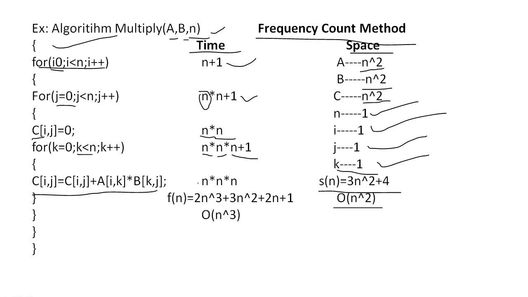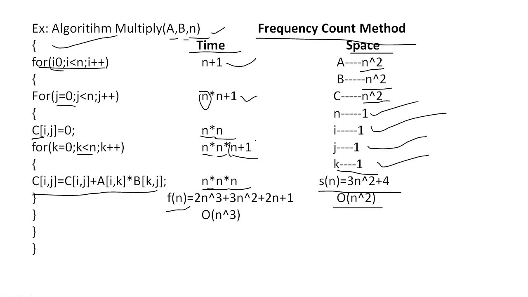So for 3 loops, for 1 loop n times, for 1 more loop n times, for 1 more loop n times, the total units of time required for this statement is n cube. So the summation of all these units of time, total time complexity: n plus 1 plus n into n plus 1 plus n square plus n into n plus 1 plus n cube.